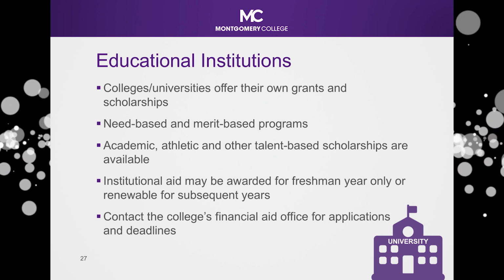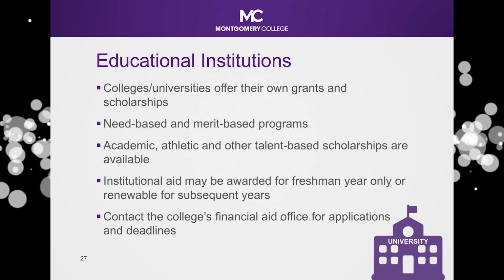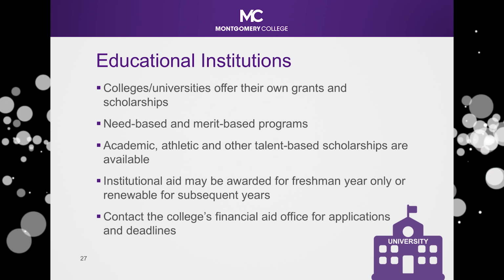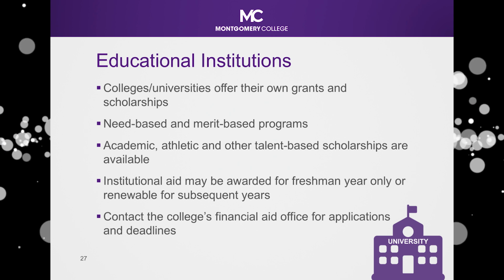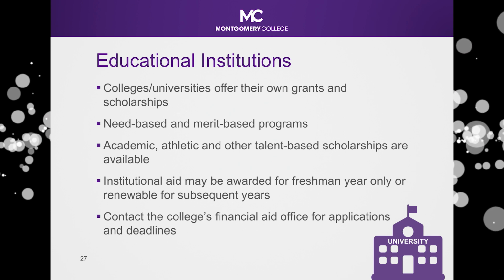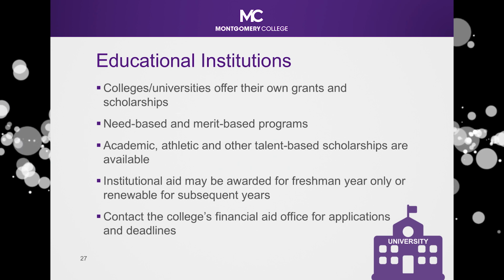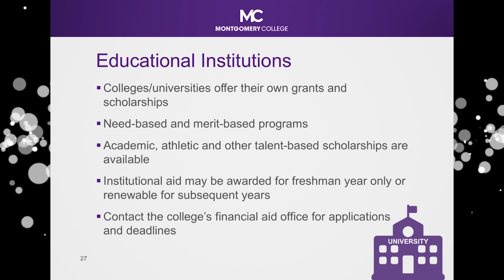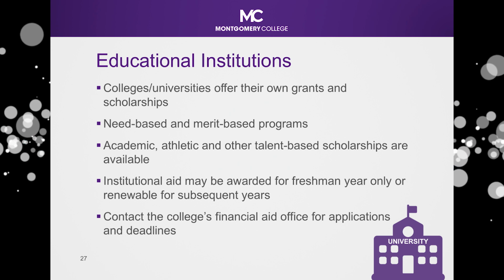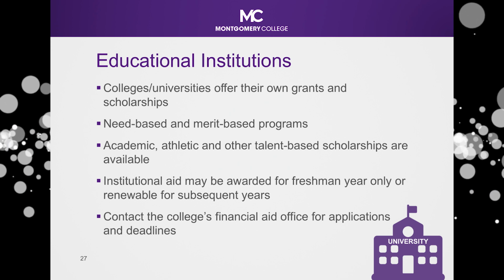If it is renewable, do you have to have a certain major? Do you have to have certain grades? What do you need to do? Don't let yourself get something one year and then the next year you not have it and you're trying to figure out where the money went. Make sure you know ahead of time what your responsibilities are.